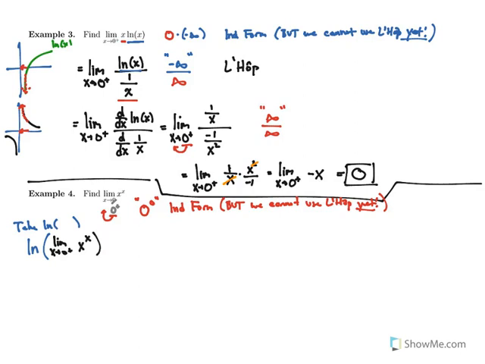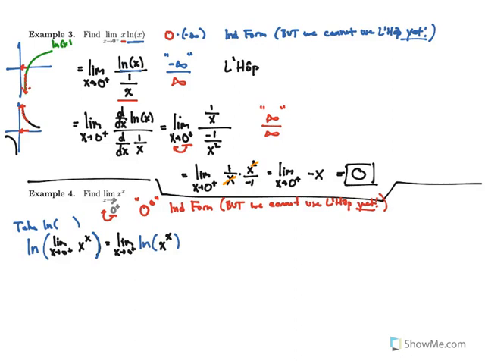But note that we can write that as just the limit as x approaches 0 from the positive direction of natural log of x to the x. The reason we can do that is because natural log is a continuous function, and you could just write it like that to begin with since natural log is continuous.